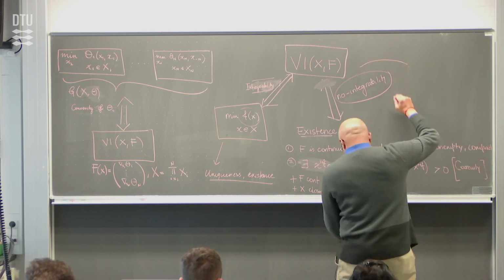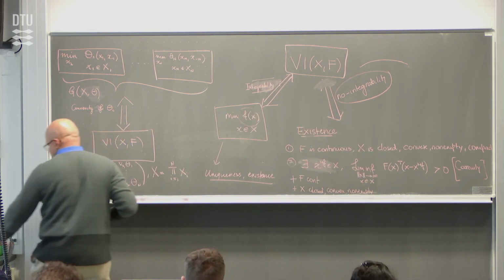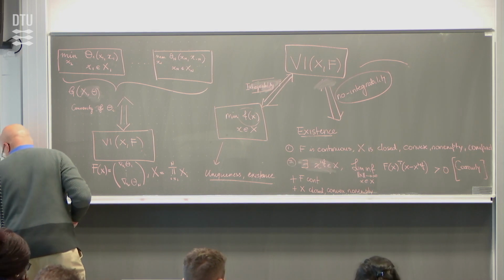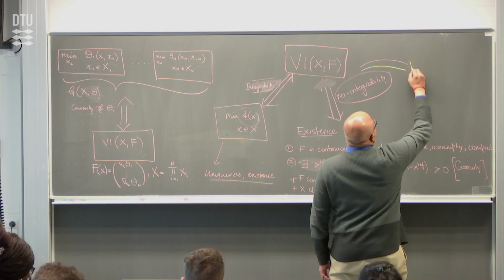So for uniqueness, there are two avenues.